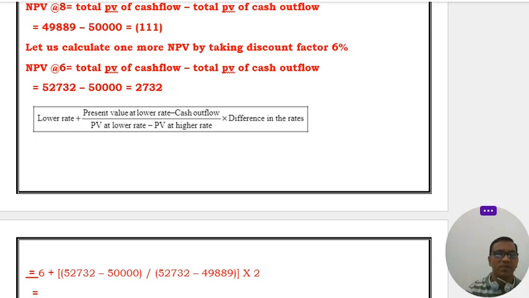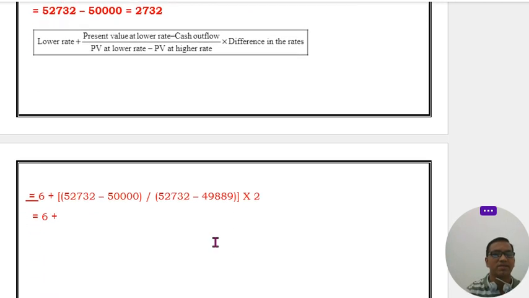Then again, 6 plus, in brackets, 52,732 minus 50,000, which means 2,732, divided by 52,732 minus 49,889, that equals 2,843.